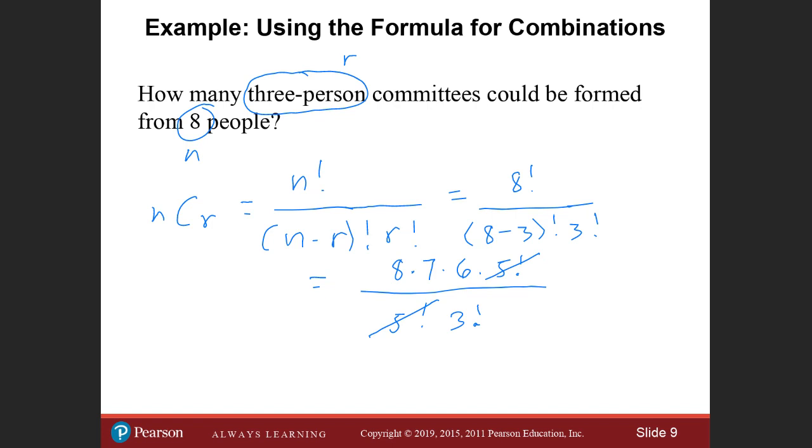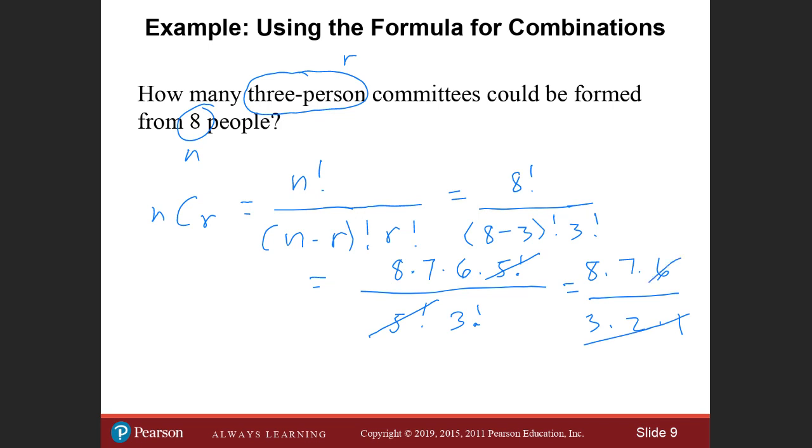And the 3 factorial, let's show you the solution here. The 3 factorial would be 3 times 2 times 1. So that's exactly 3 times 2 times 1 is 6. And we have 6 on the top.